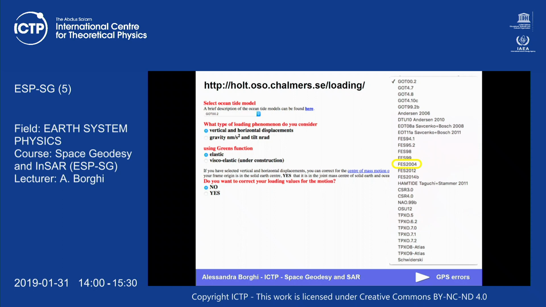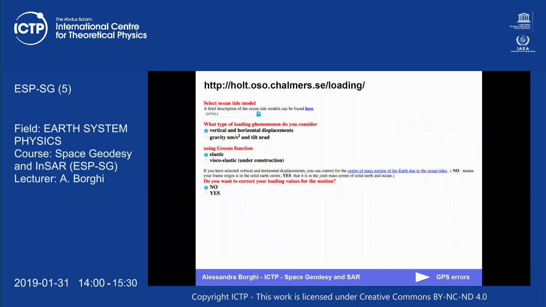And okay, using Green functions, you can use an elastic model of the Earth, but this elastic model of the Earth is under construction, so it's not available now. And okay, this is about the center of mass, information about the center of the figure of the Earth. And usually the most common options are already selected in this page.